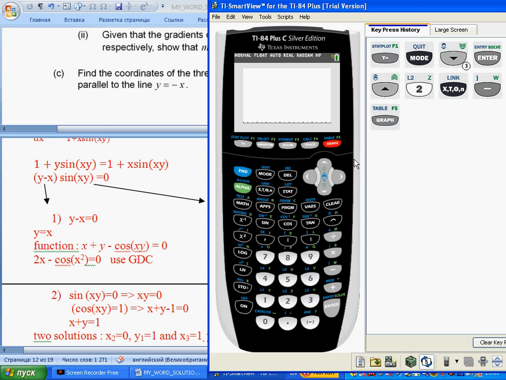It takes a lot of time. So x minimum is 0.